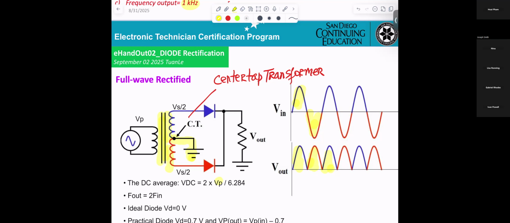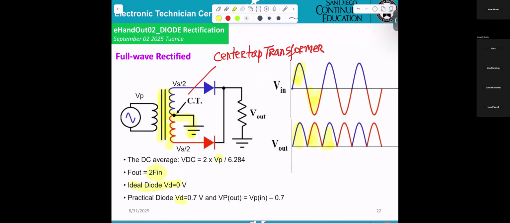F out equals 2 times F in. That means output frequency equals double the input frequency. Ideal diode 0, practical diode 0.7. And VP out, output peak, equals VP in minus 0.7.